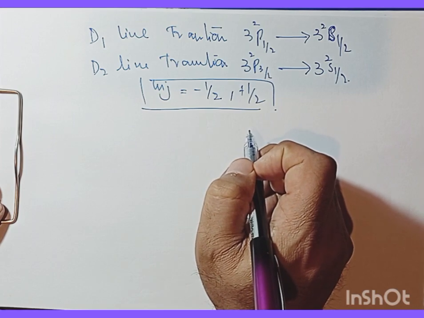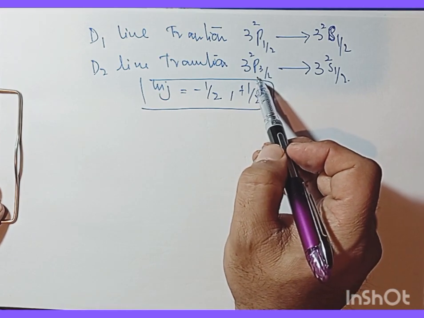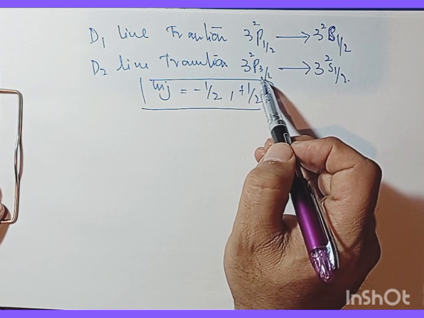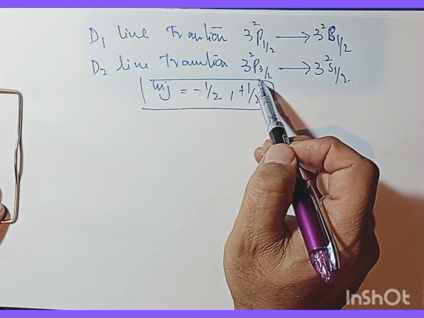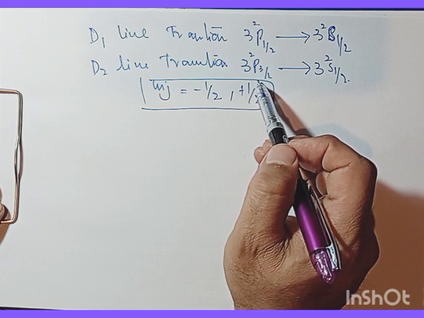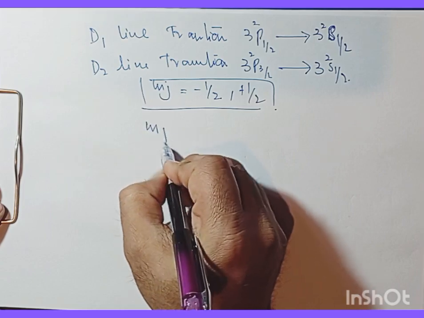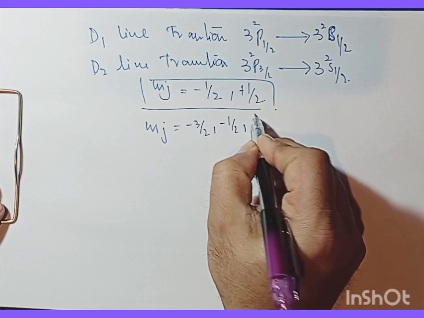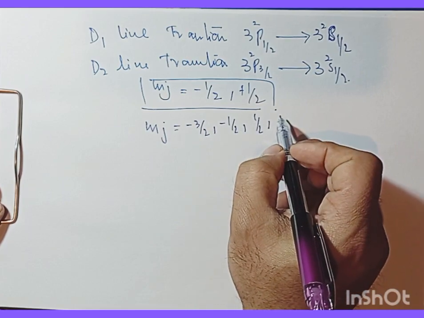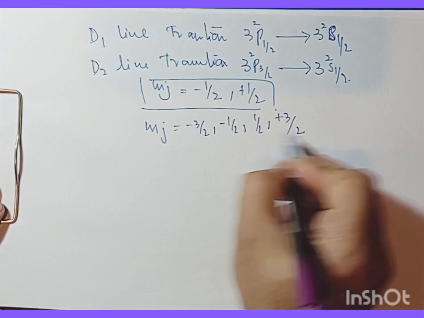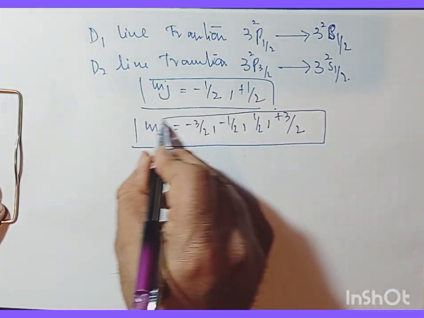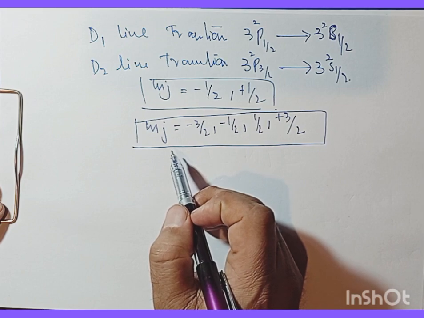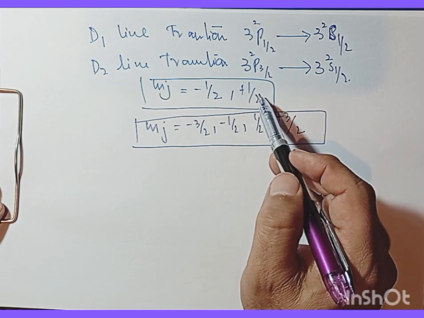And the P 3 by 2 state splits into four substates, which can be evaluated from its multiplicity, corresponding to m_J as minus 3 by 2, minus 1 by 2, 1 by 2, and plus 3 by 2.